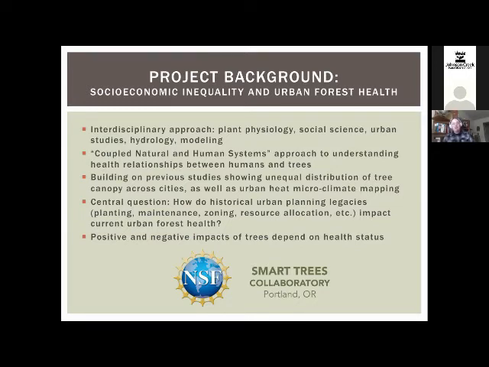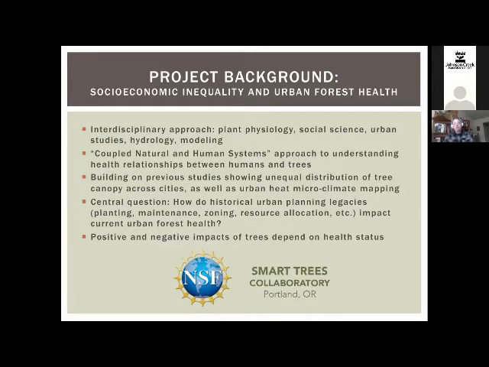There is also work done by various research groups around the country, but Vivek Chanda's lab at Portland State is one of the leaders in this, and he's part of our research group, looking at the distribution of microclimate heat across cities and how infrastructure and urban tree canopy contribute to variable heat and how that can impact human health.